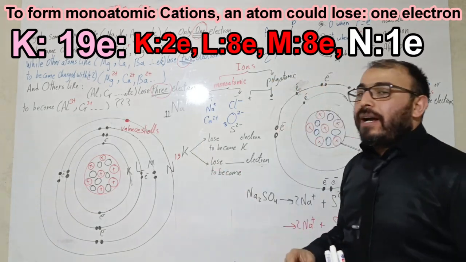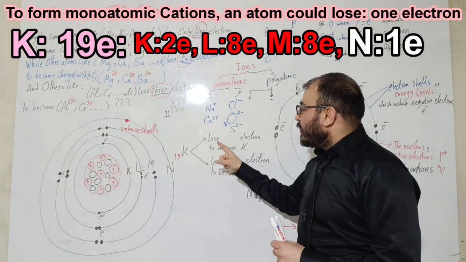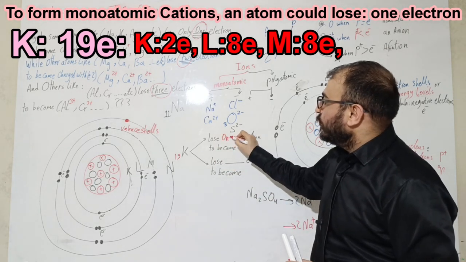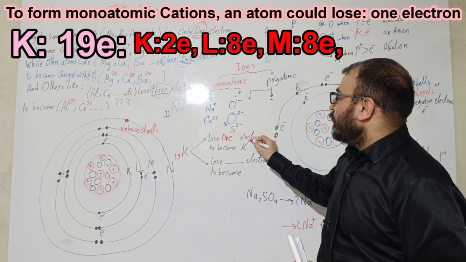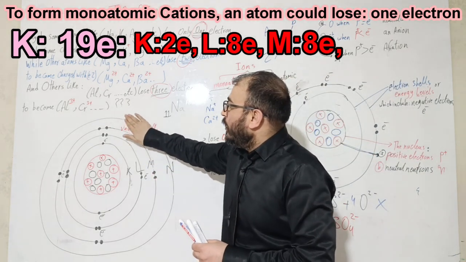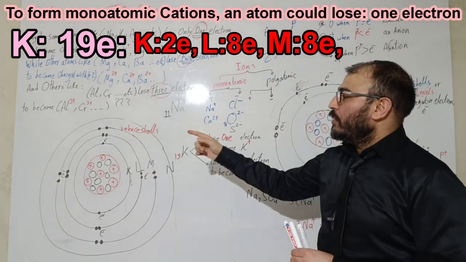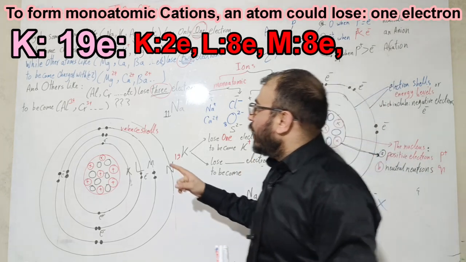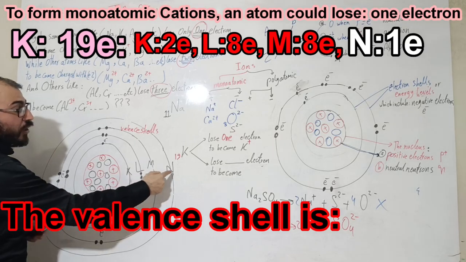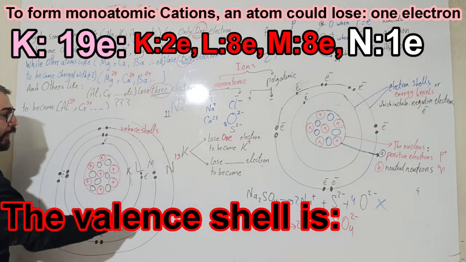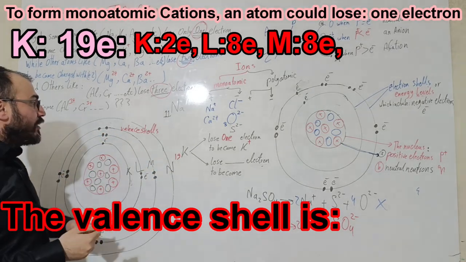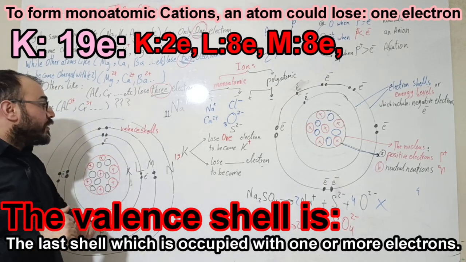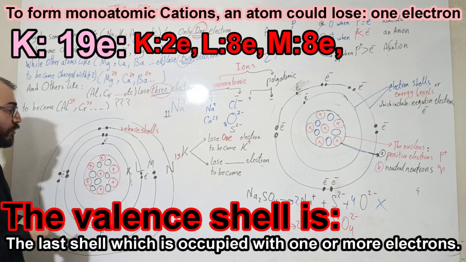Here, potassium has 2 possibilities. The first is to lose 1 electron to become positively charged +1. If potassium lost 1 electron, the valence shell is not going to be N anymore. It's going to be M, according to the definition of the valence shell, which is the last shell filled with electrons.